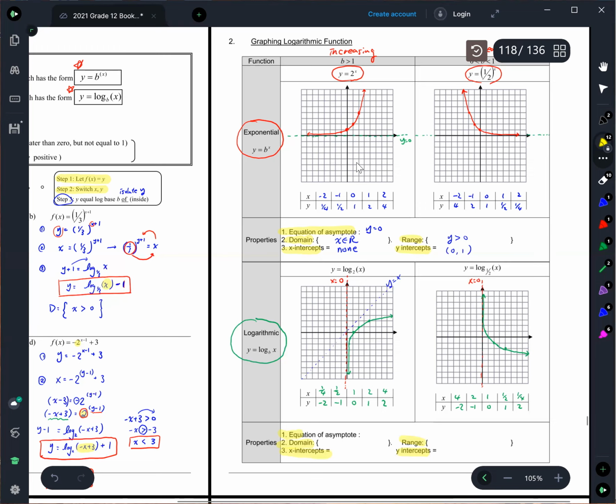If it's exponential, it will be the top left, because the two graphs on the left, the base is greater than 1. And if the base is between 0 and 1, then you look at the graph on the right side. Depending on exponential or log, the shape will be similar.